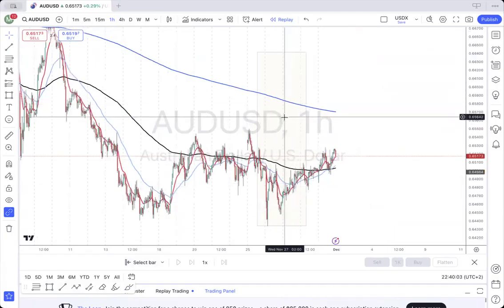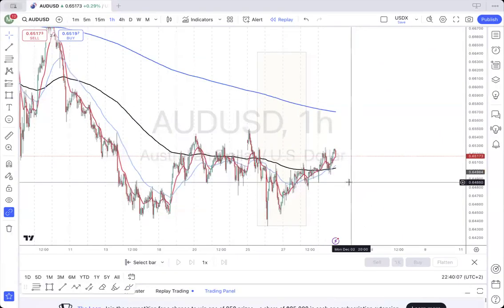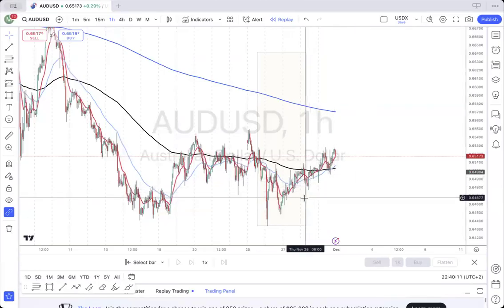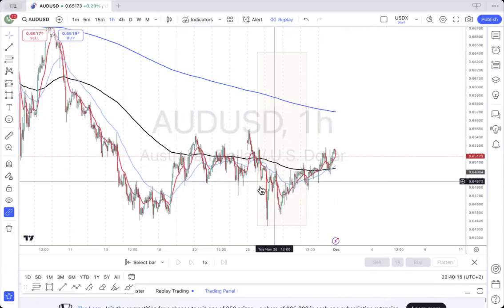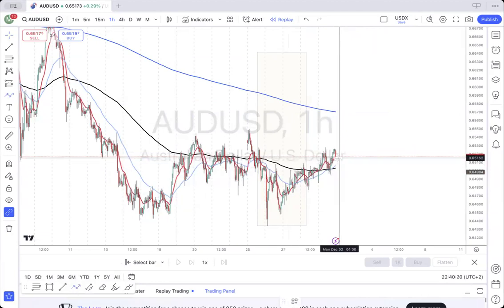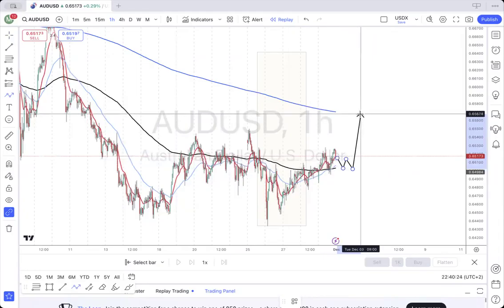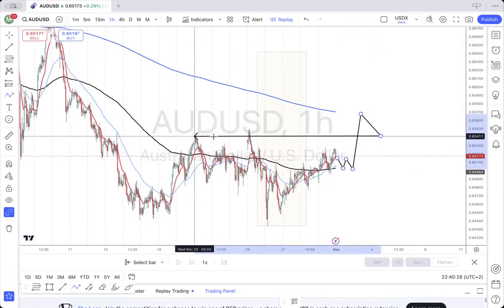I'm still holding my trades, no matter whatever happens, whether they come back. Now my stop loss is on break even. If they come back for me, fair enough, but I'm still holding and waiting to see what's going to happen. But I expect the market to form a low here, go up, and then give those highs.